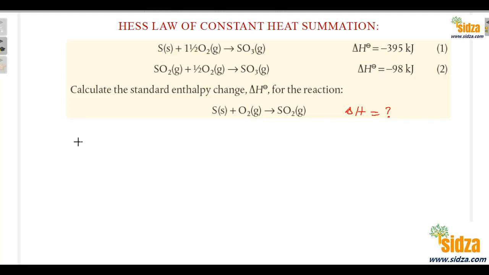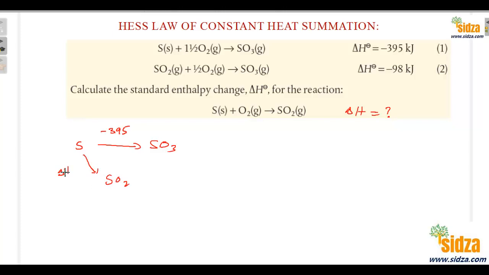So when you convert the sulfur into sulfur trioxide, this is the direct, one-step process, and the heat change here is -395 kilojoules. And we have to find, if sulfur is oxidized to sulfur dioxide, what is the enthalpy change?